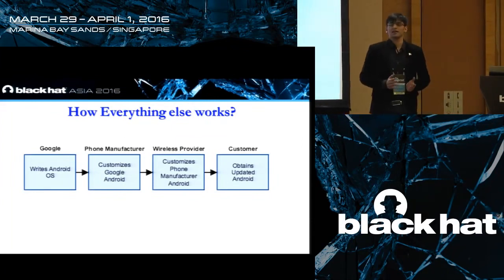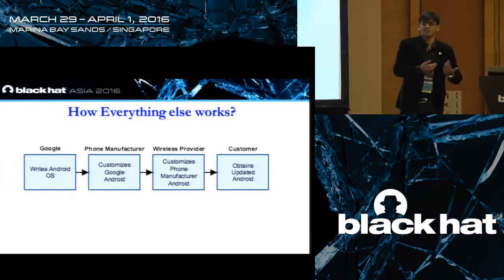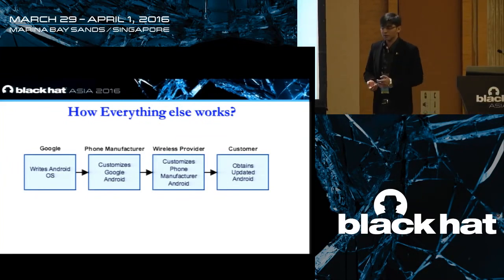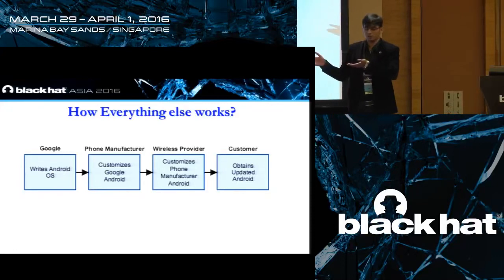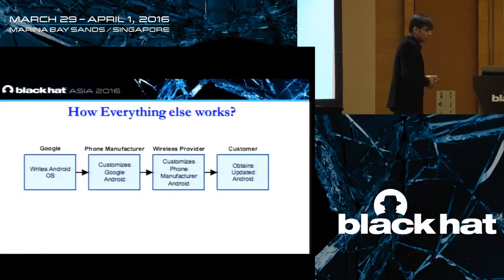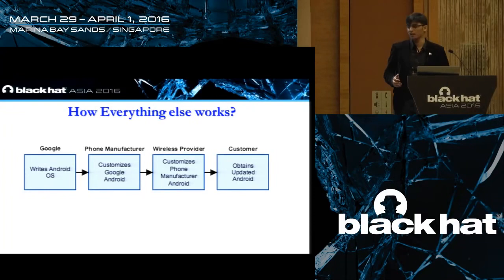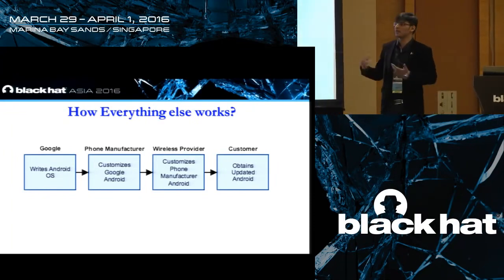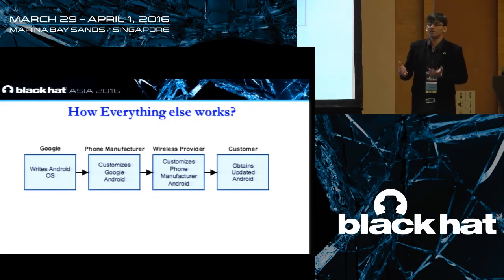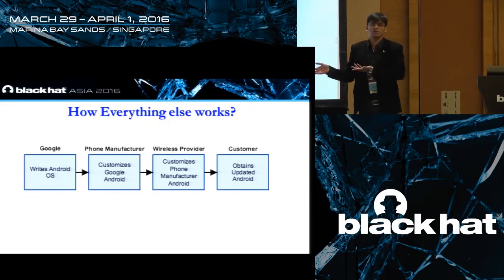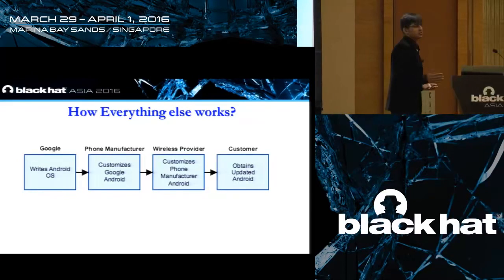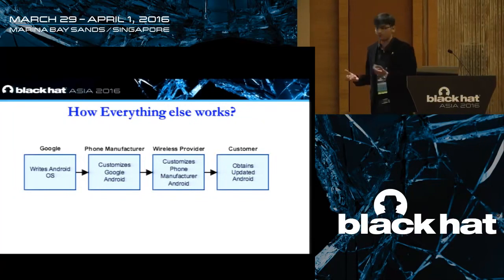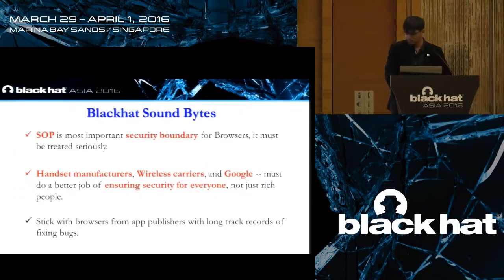The wireless carrier then customizes the already customized version again, and it is later shipped to the customer. Keep in mind that the flow may stop at any point. Just because the phone manufacturer has developed a patch does not mean that the wireless carrier would apply it to its device. So the longer the supply chain is, the longer it takes to apply patches.